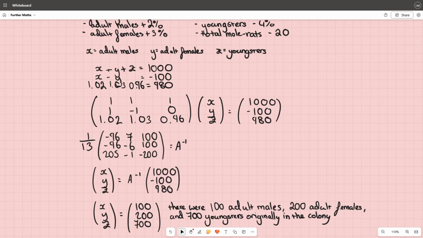And we know how much the percentages went up by. So 1.02x, 1.03y, and 0.96z is equal to 980, because the number of mole rats went down by 20 due to the percentage change. And then you turn those into matrices, basically.